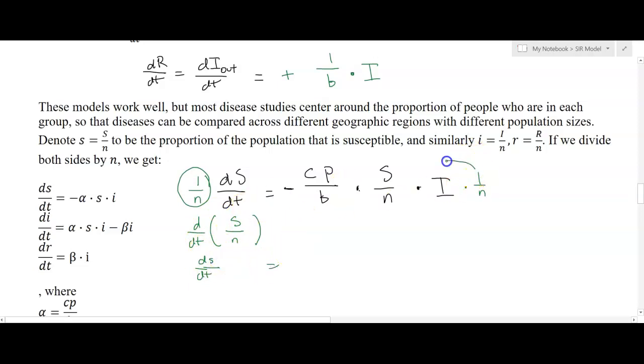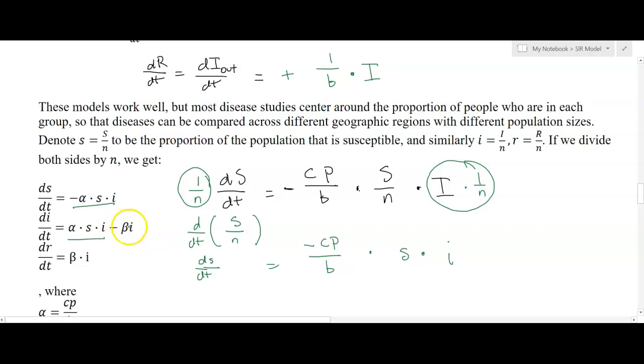And check out what happens here. I divided by N, I divided by N is little i, S divided by little n is conveniently little s, and so now we have negative CP over B. For all of these equations we divide by N; here we had the same term, little s times little i, the same as there and there.